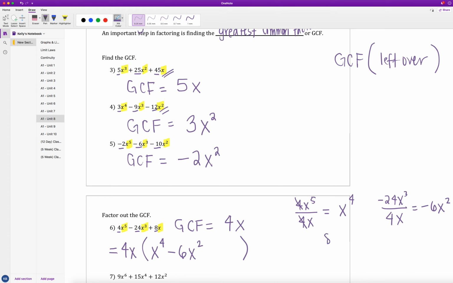For our last term, we have our 8x divided by our greatest common factor. 8 divided by 4 is going to give me 2, and then x divided by itself is going to cancel. Or if you're thinking about subtracting the exponents, I'd have 1 minus 1, which would give me x to the 0. But remember, x to the 0 power is always going to be equal to 1, so we just end up with positive 2.